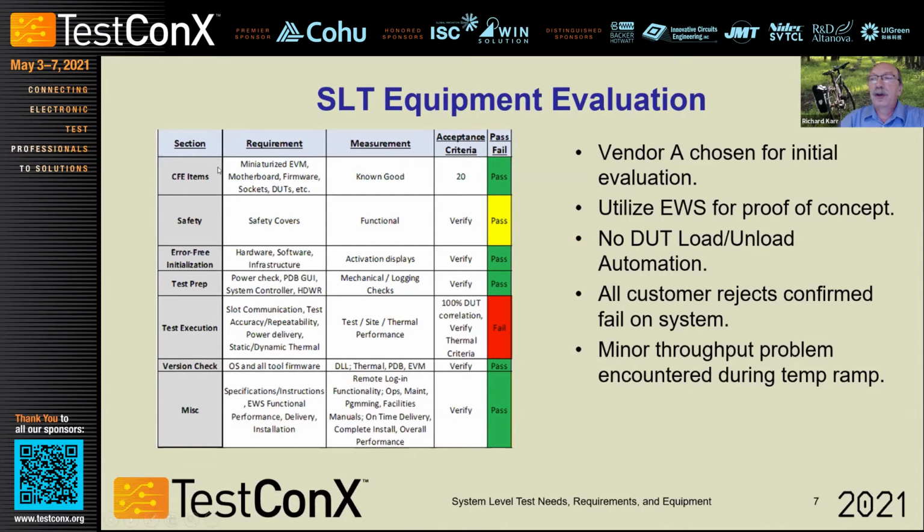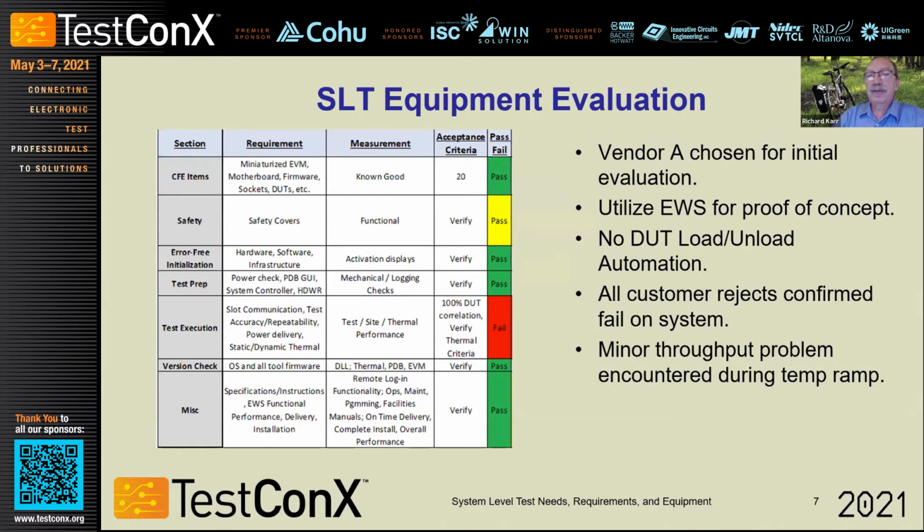The first section up here, the CFE, that's the current customer furnished items, included, in this case, 20 miniaturized EVMs. So we had to design up the miniaturized EVM to supply those to the vendor along with the motherboard. Of course, our EVM firmware needed to be developed with the program embedded in there.